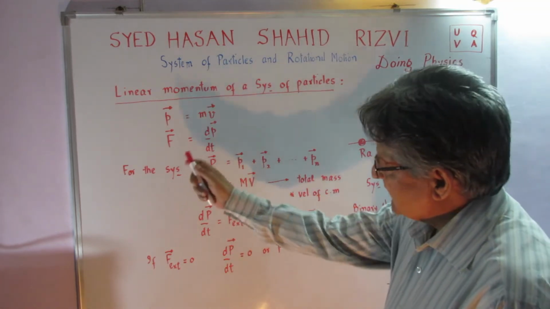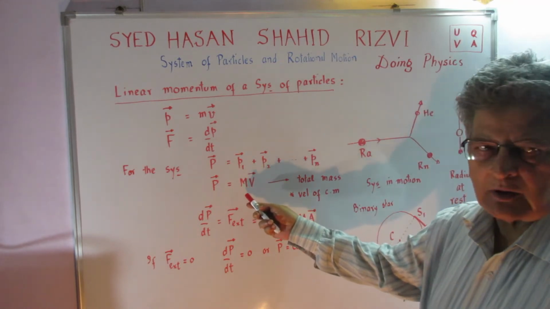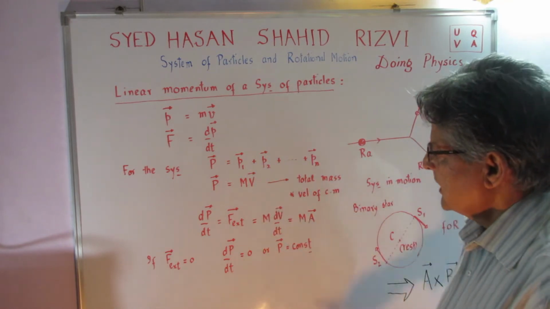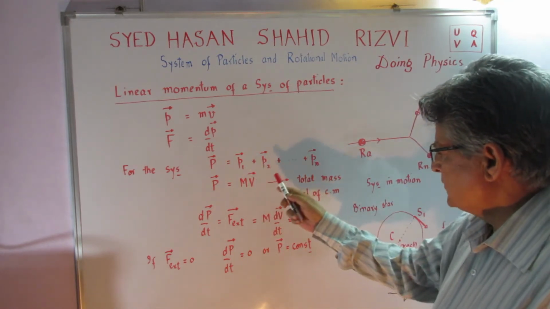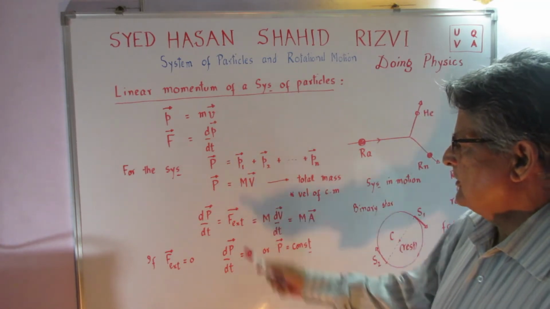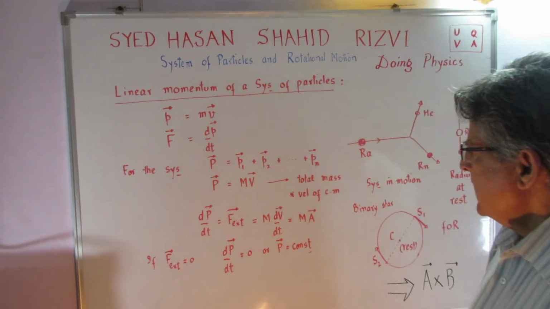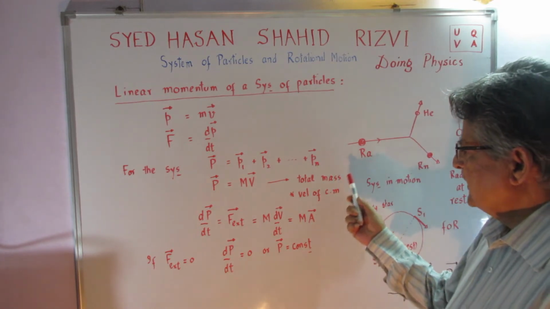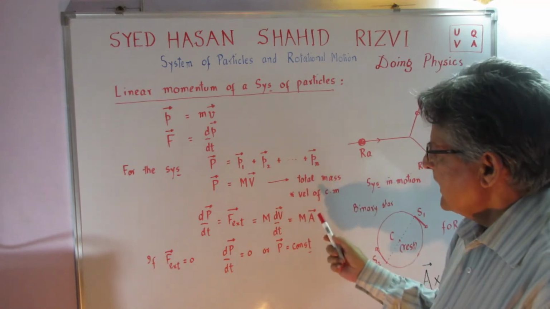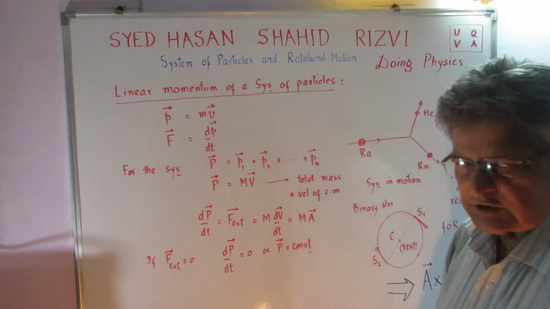Now for the total system, I can write where the total mass of the body is concentrated, the center of mass, and the body's center of mass moves with the velocity v. So the total momentum p I can write as the sum of the momenta p1, p2, pn, etc. This has the total mass of the system, and this is the velocity of the center of mass of the system.